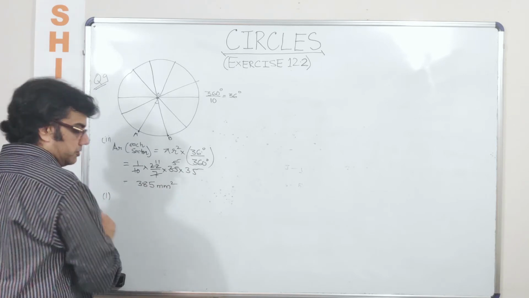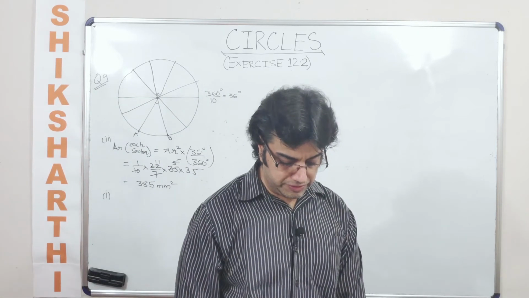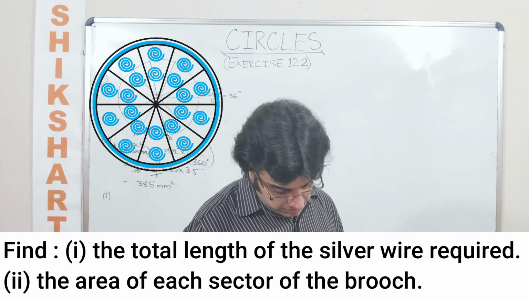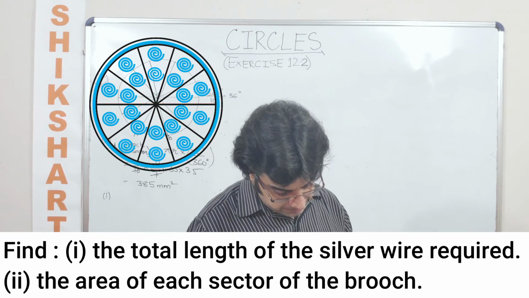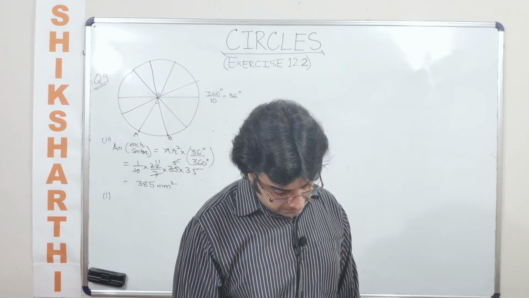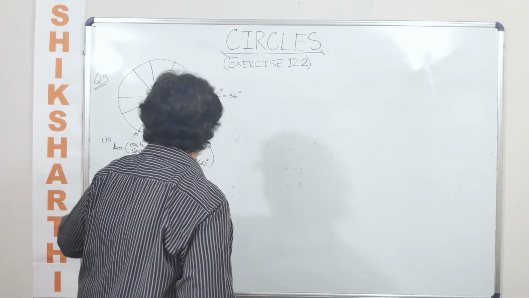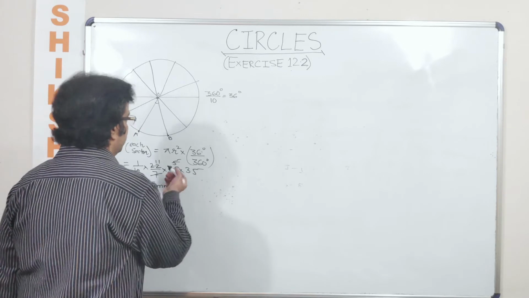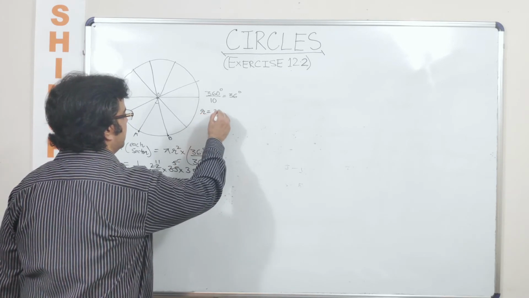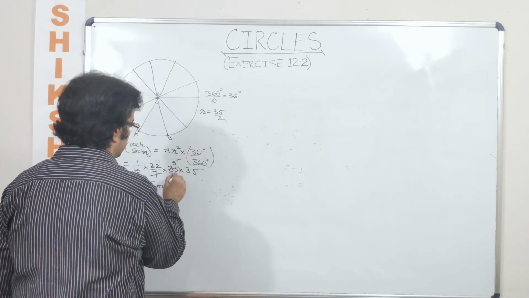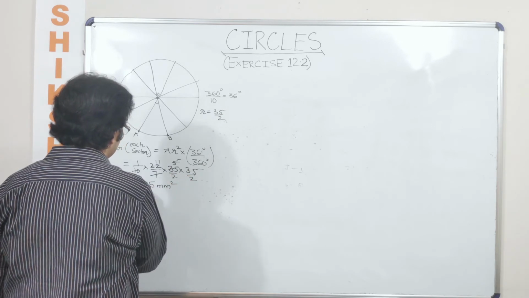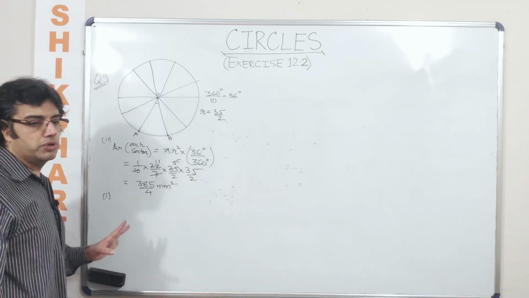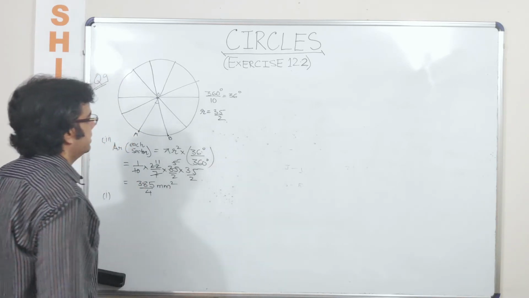Now in the first question, this should come out to be 385 millimeter square, area of each sector. So it was divided into 10 sectors, right? So if I am finding out the area of one such sector, it will be okay. Now the point here is the radius here is not 35, the radius here is 35 by 2. So this would have been divided by 2, and this final area comes out to be 385 divided by 4 millimeter square. This you can always calculate.